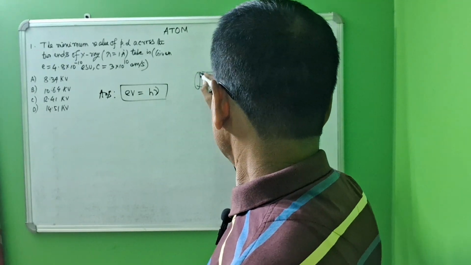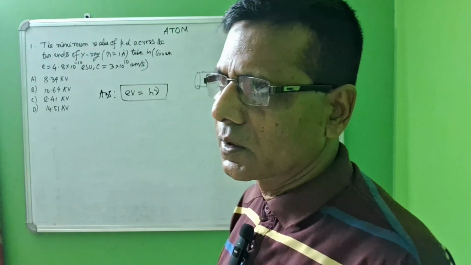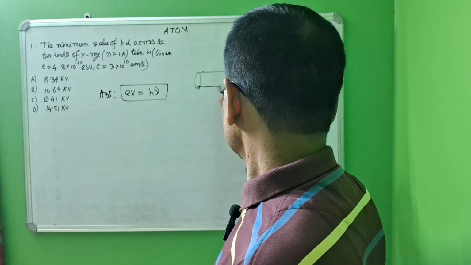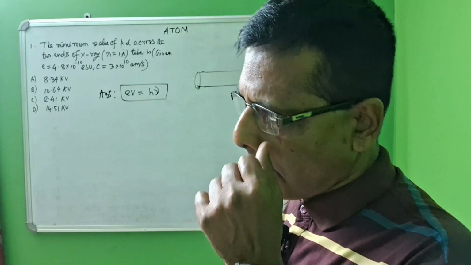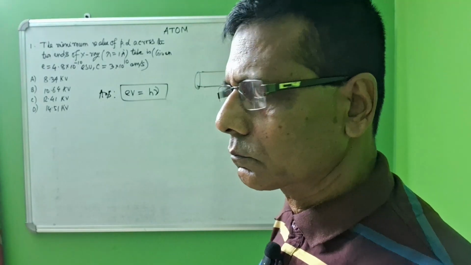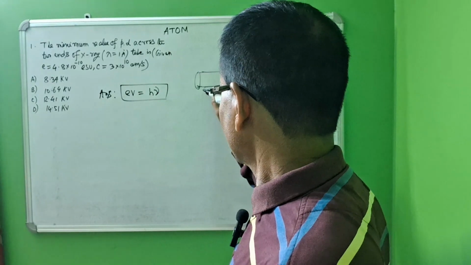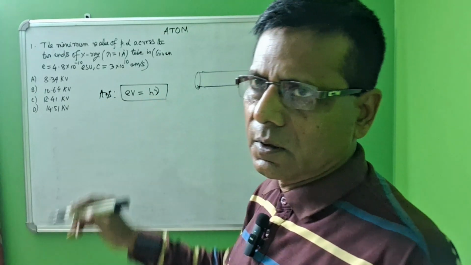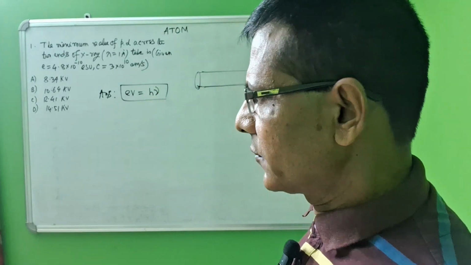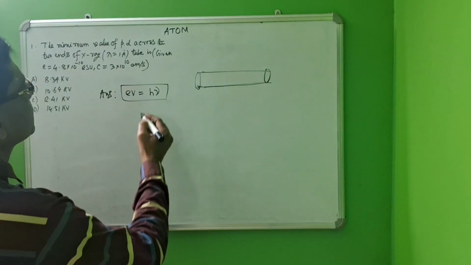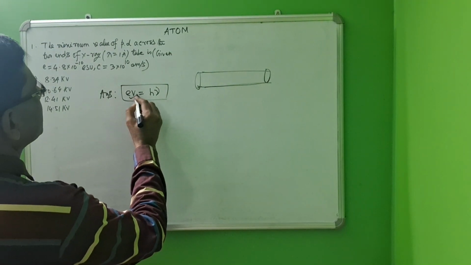There is a potential difference to snatch an electron from the electrode. We have to give the potential difference PD, and that eV.